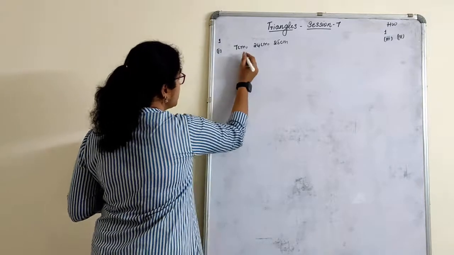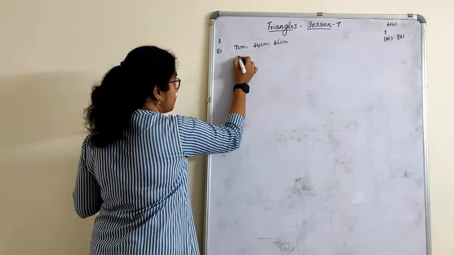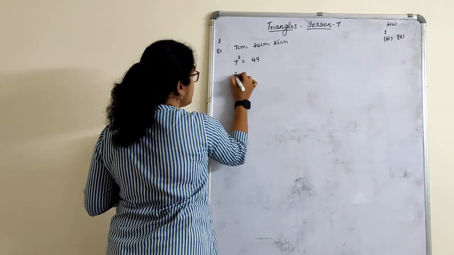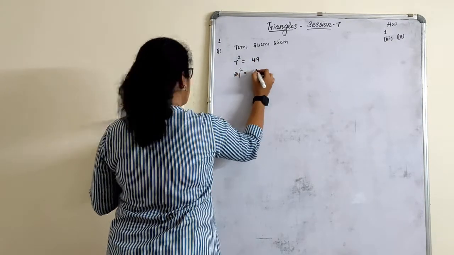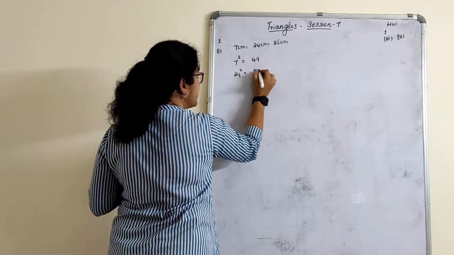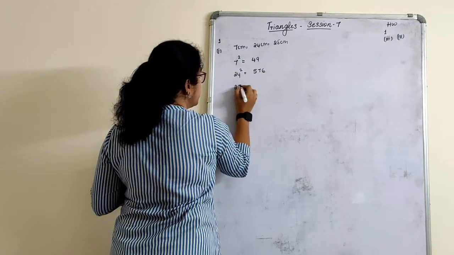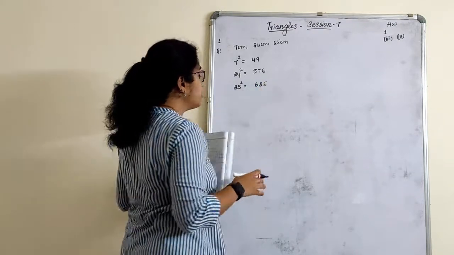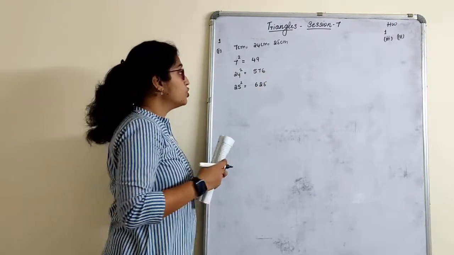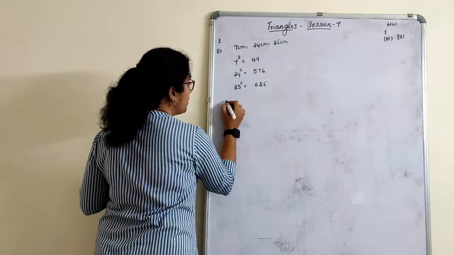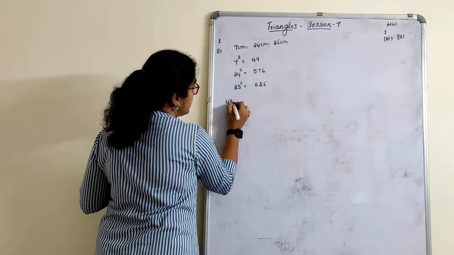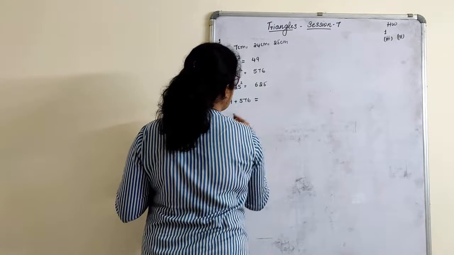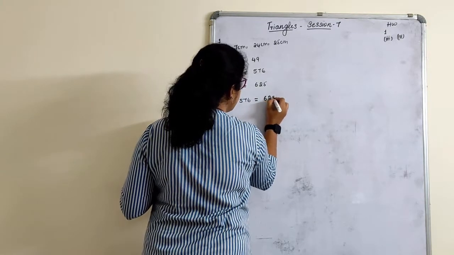So what we will do here is, we will start finding the squares of the given sides of a triangle. 7 square is 49, 24 square is 576 and 25 square is 625. We all know that hypotenuse is the longest side. So we will try whether 49 plus 576 is equal to 625.